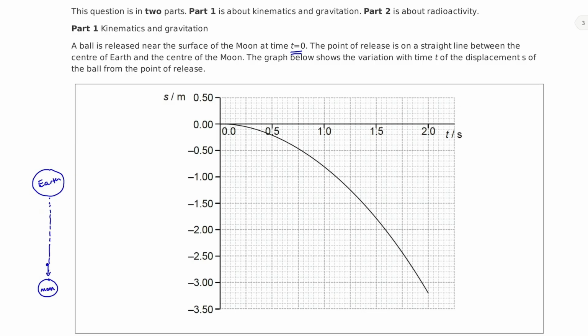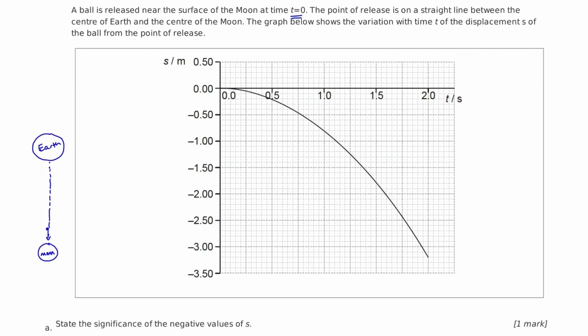The graph below shows the variation with time t of the displacement s of the ball from the point of release. State the significance of the negative values of s. Well, s is displacement, which is a vector.